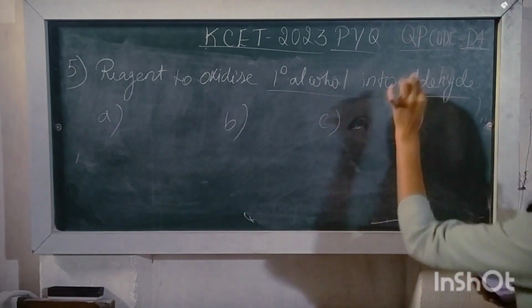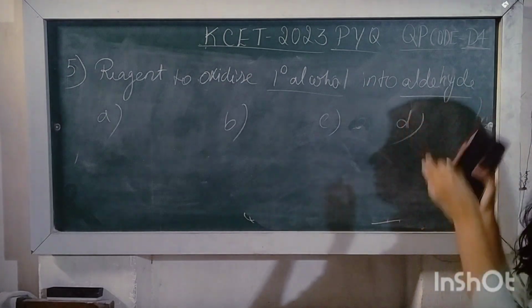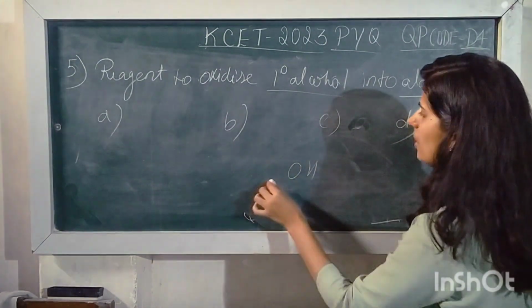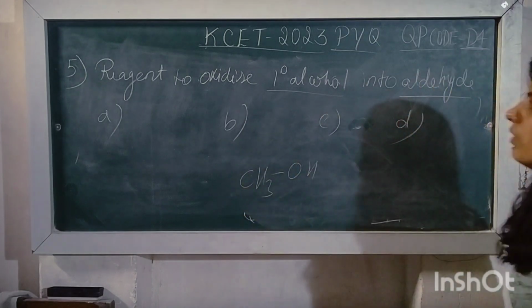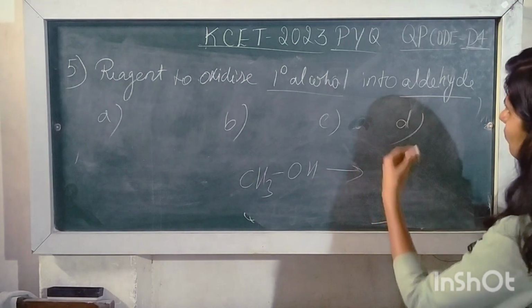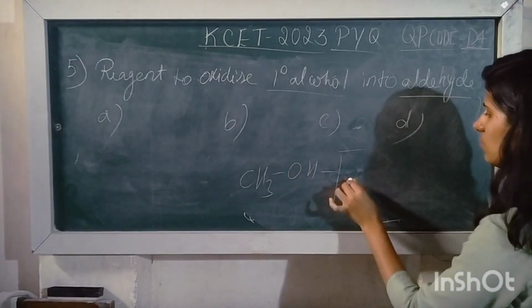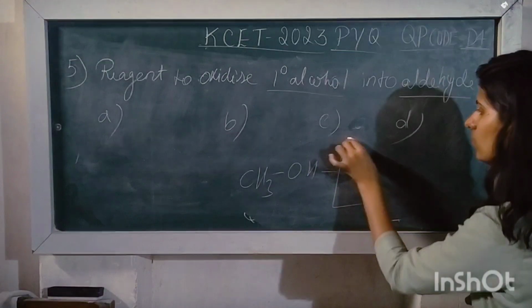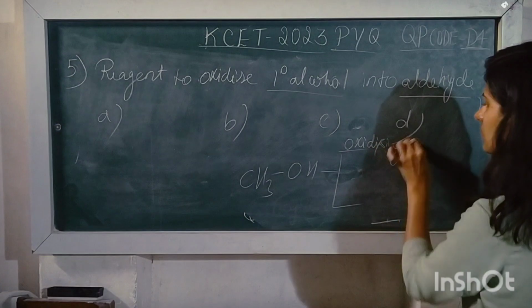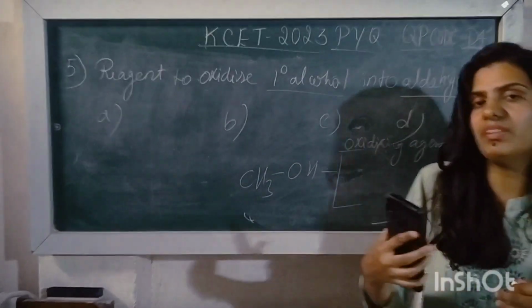Primary alcohol to aldehyde. We know that when we want to convert alcohol into aldehyde, we need an oxidizing agent for sure. This is primary alcohol, and if I want to convert it into aldehyde, we need an oxidizing agent. Different oxidizing agents have different strengths.